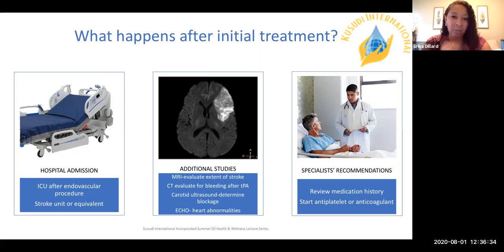It's very loud because the magnet that moves around your body is helping take a very detailed picture of your brain to look at the soft tissues. An MRI will illuminate how much of the brain was actually affected after you had the stroke. And if you had treatment, you should see that a lot of the brain was not affected. The picture in the middle is actually a picture of a brain after a stroke occurred.